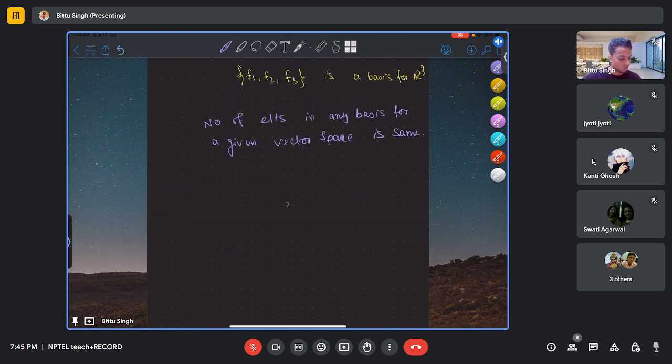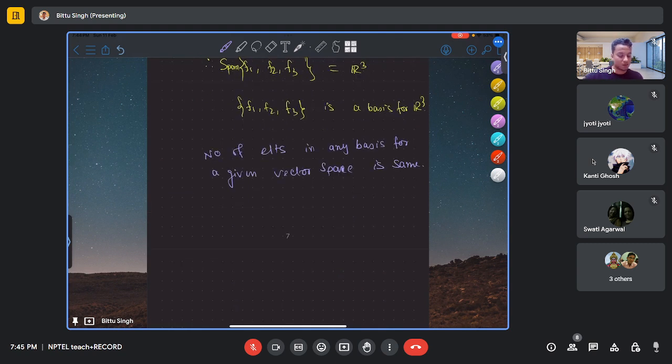So from this you can see that any two vectors cannot span the whole R3, because a basis must contain 3 elements. One basis for R3 is e1, e2, e3.